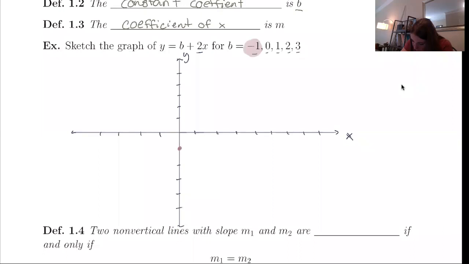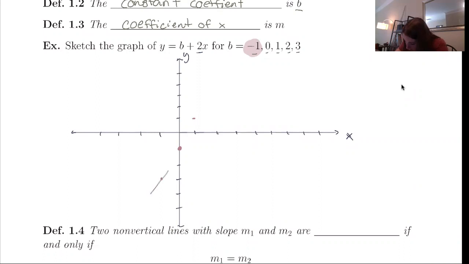So go down one little notch right there. And then a slope of 2, rise over run. I'm going to rise up 2 over 1, and I'm going to draw the line. I also like to do another one: run down 2, run over 1.